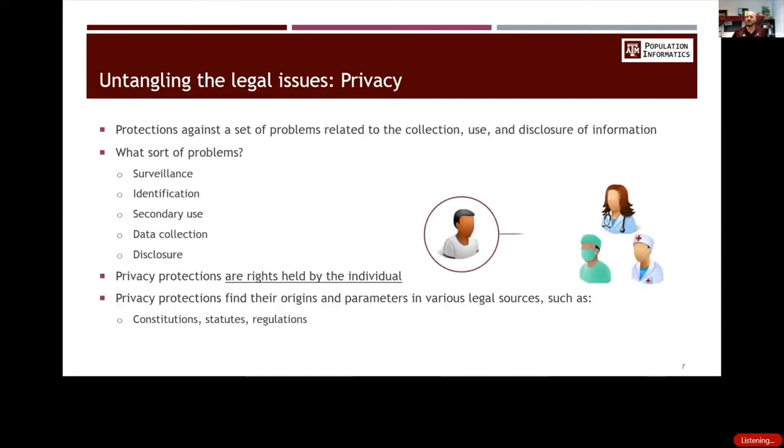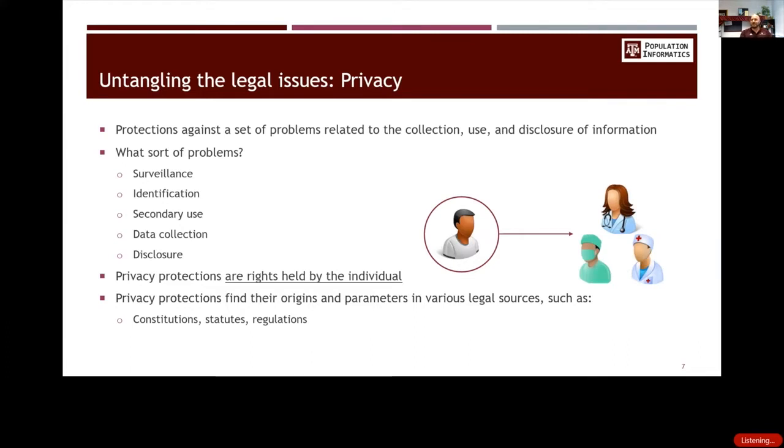So the first thing I want to talk about is privacy. When we're talking about privacy, really what we're talking about is a set of protections against problems related to the collection, use, or disclosure of information, right? And the types of problems we're talking about might be surveillance, might be identification of an individual. They might be the secondary use of data that already exists in one form.